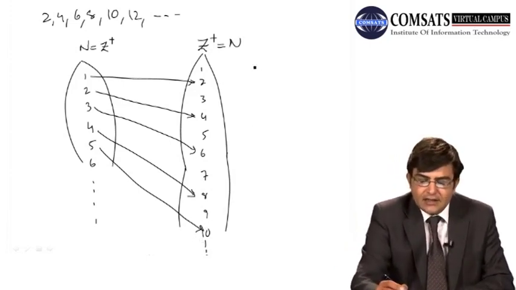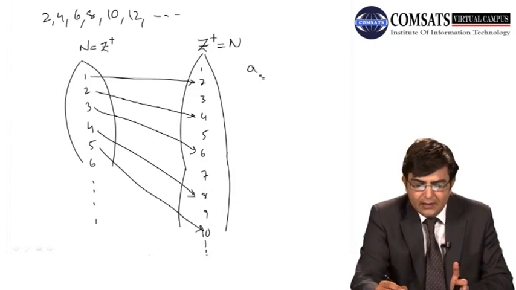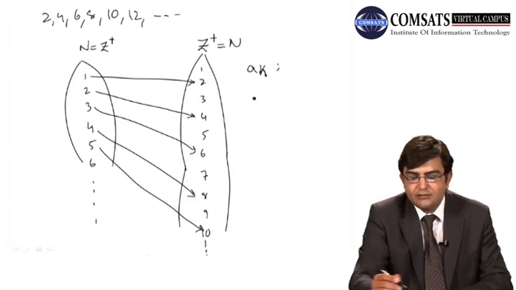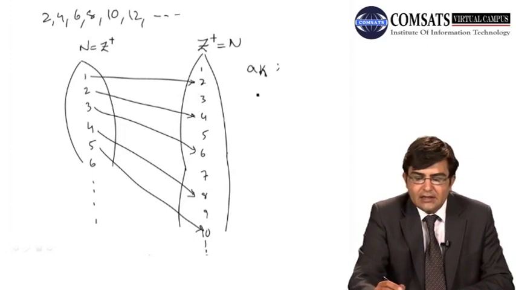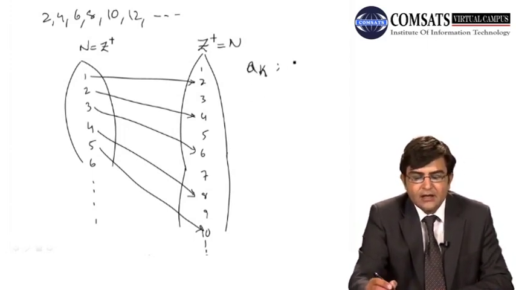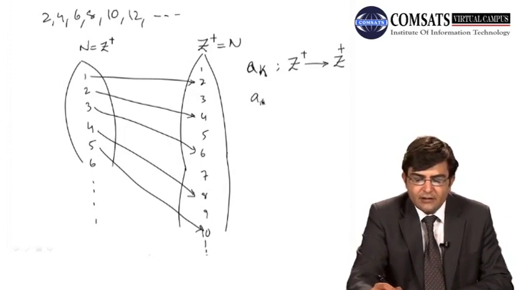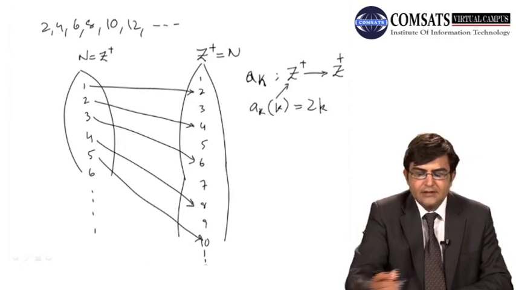So if we say that this A_k, as we said in the definition that sequences are denoted by A_k, is a function from Z plus to Z plus, then A_k is defined by the formula: when we operate A_k on any element k of Z, it gives us 2k.